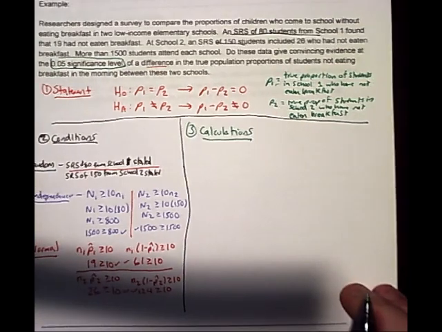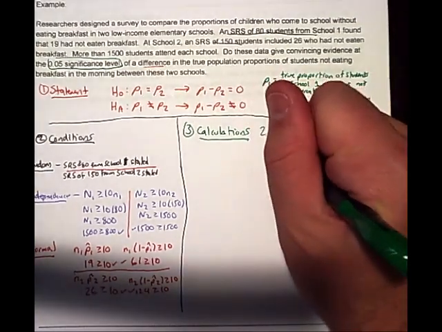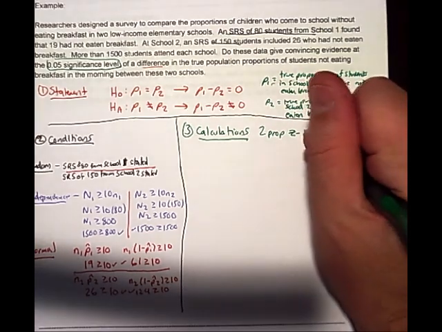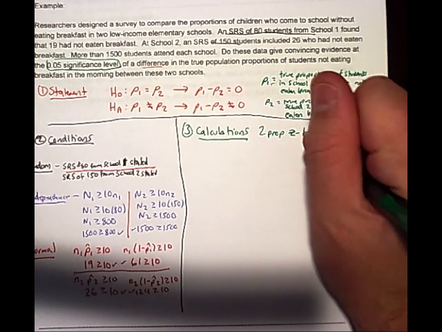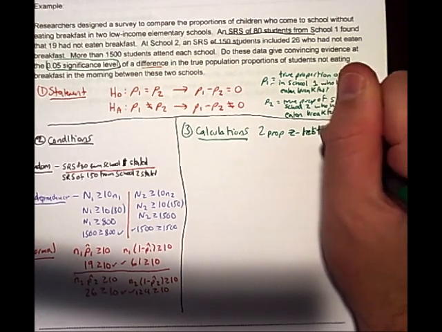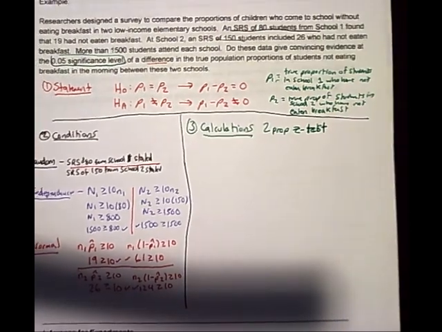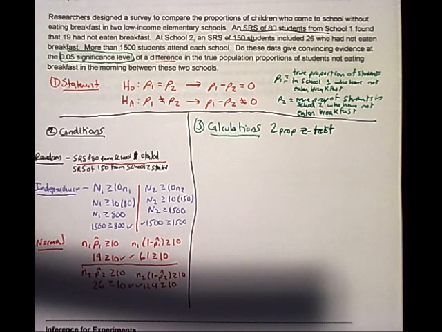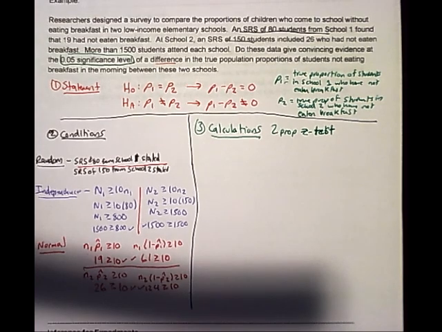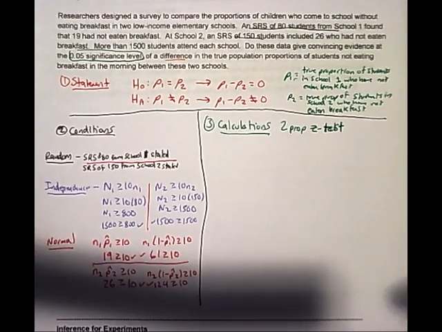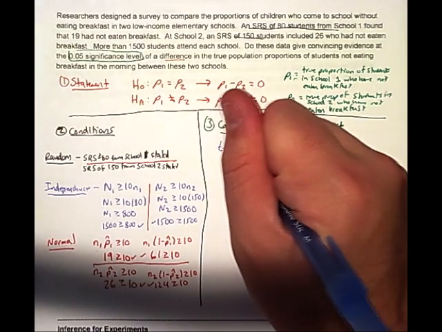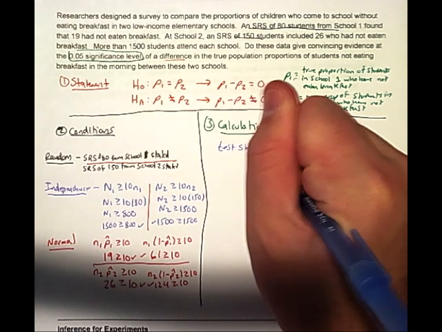All right, calculations. This is a 2 proportion z-test. So to find our test statistic, it's good to put our alpha in here too.